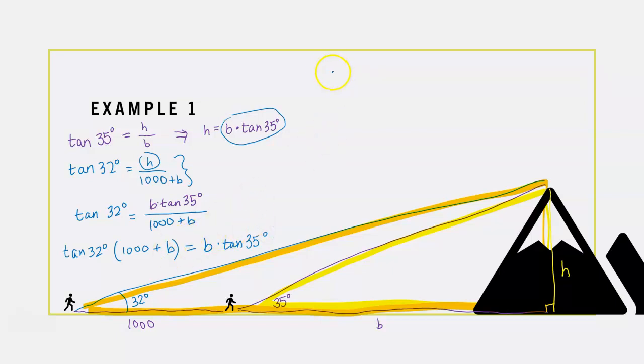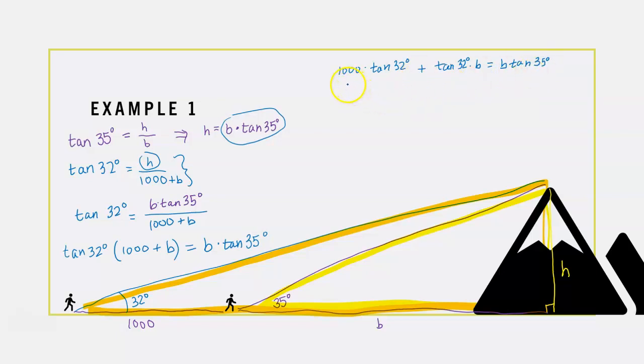I'm going to distribute the tangent of 32, so I have 1,000 times tangent of 32 plus tangent of 32 times b is equal to b times tangent of 35.